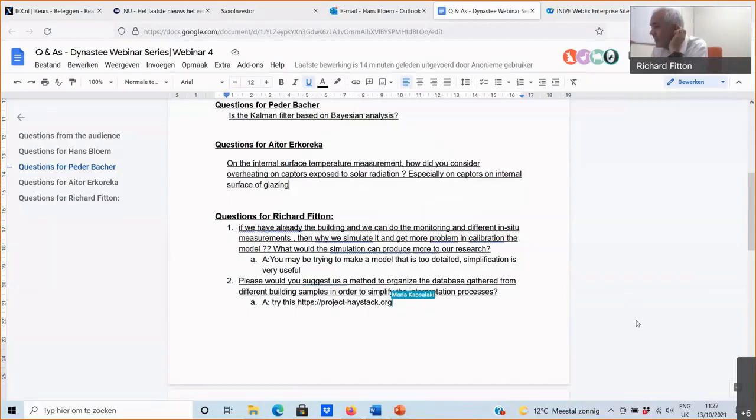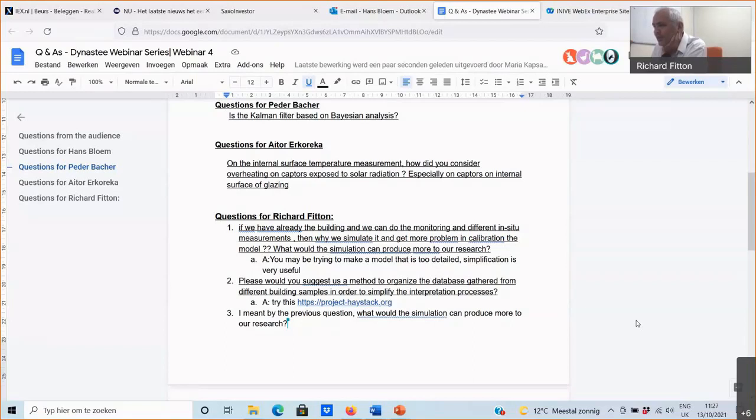Question one: if we already have a building and we can do the monitoring with different in situ measurements, then why simulate and get more problems in the calibration? What can the simulation produce more? I didn't understand that question, to be fair. I don't know if someone can explain the issue.